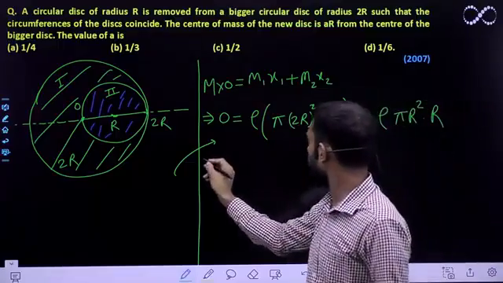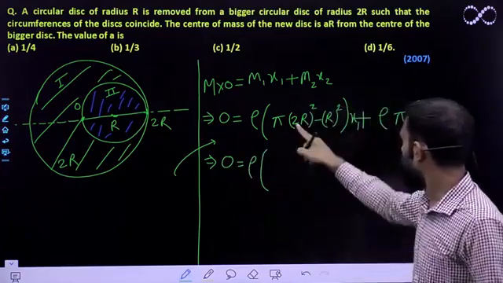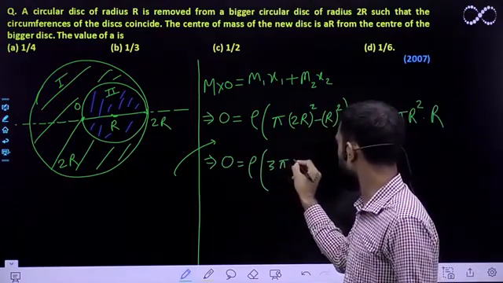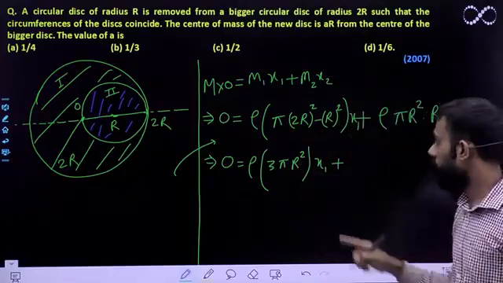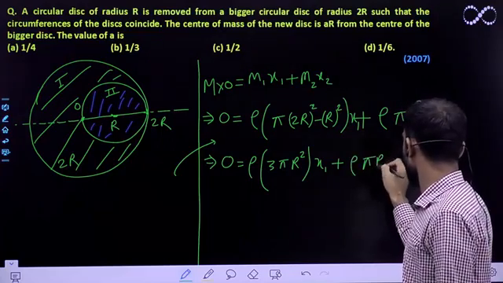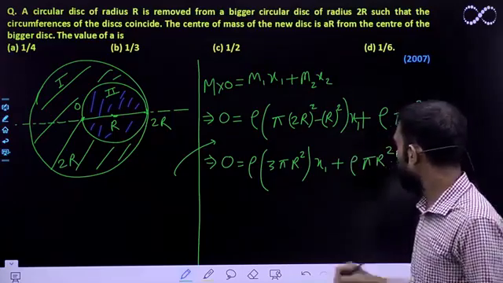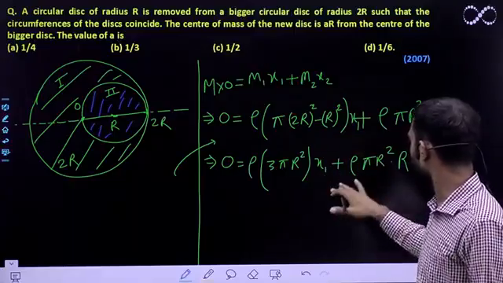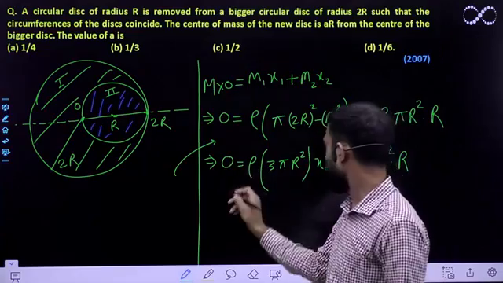So now you can see this will become 0 is equal to rho pi into (4r square minus r square), so this will become 3 pi r square into x1, which I need to find, plus rho pi r square into r. The rho will get cancelled out.